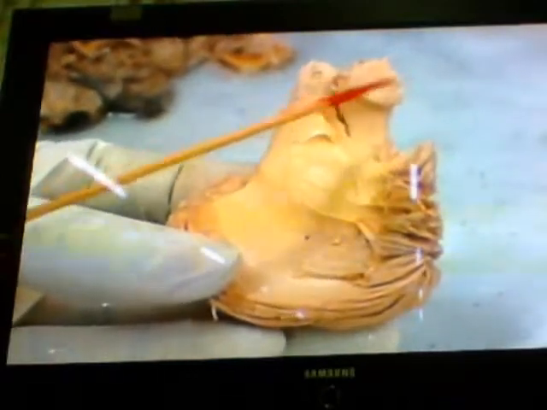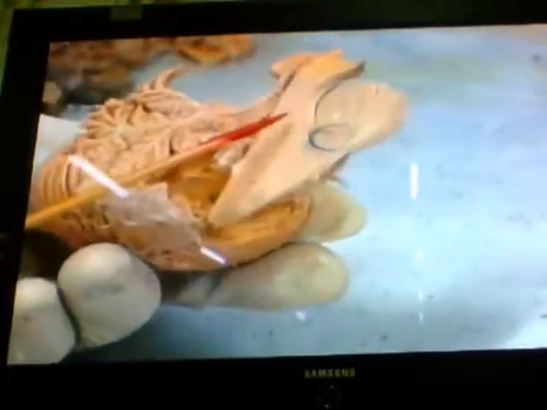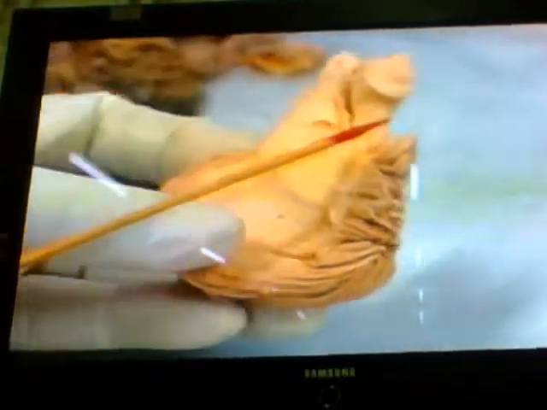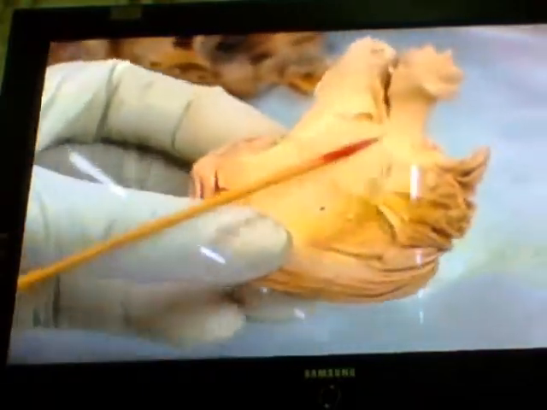What is this? This is your colliculi. This is midbrain. You see? So what is it? Superior cerebellar peduncle. Good.